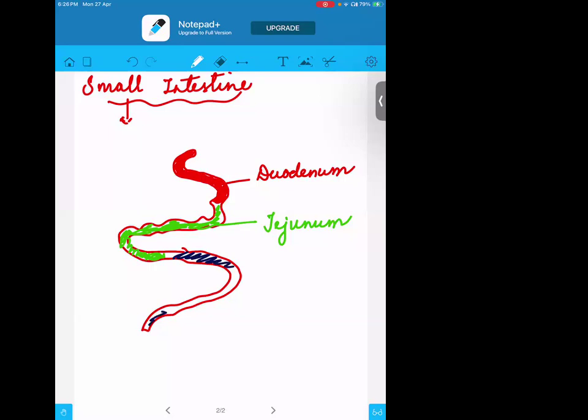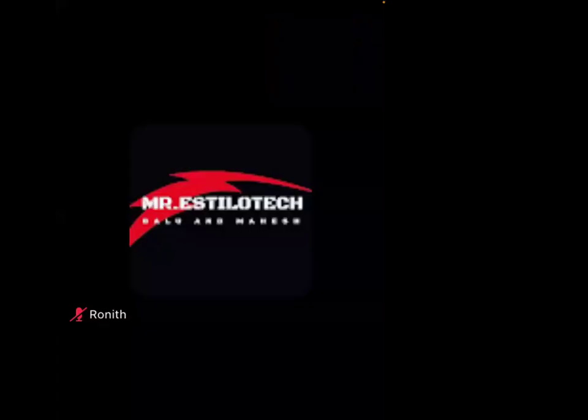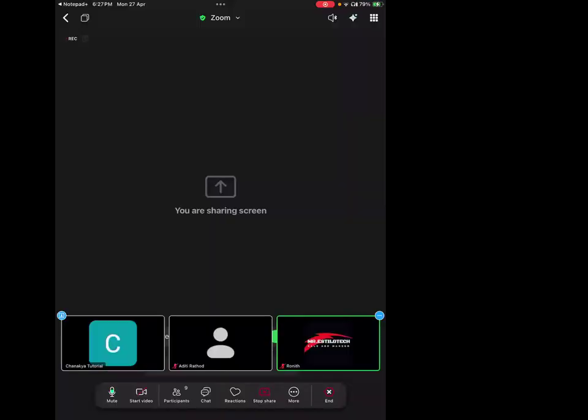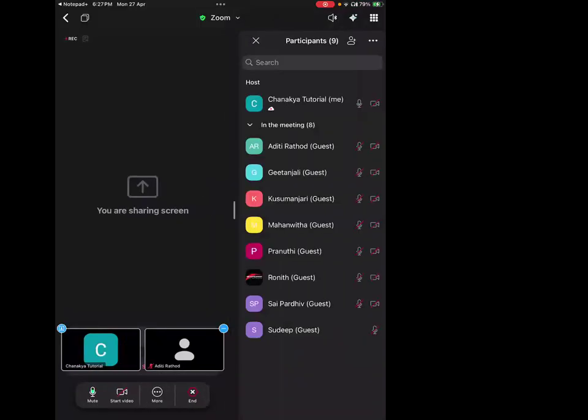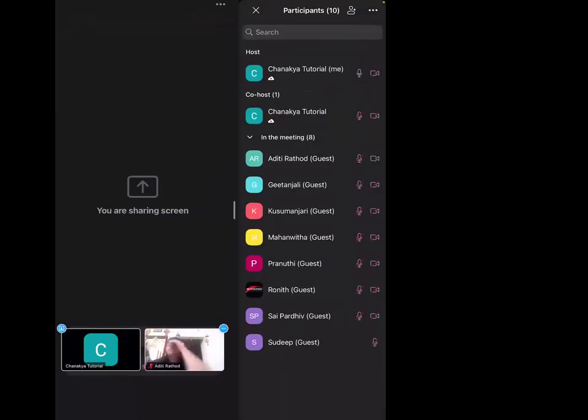So three parts are there: duodenum, jejunum, and ileum. Though nothing much is given about them in your book, it is important for your examination because they will ask you to draw the structure and explain all these things. That is why we should know about it.